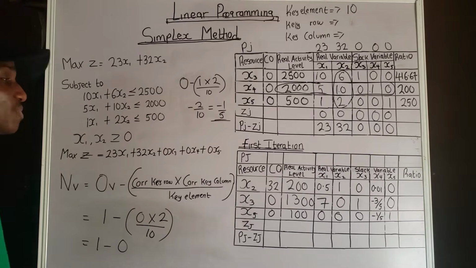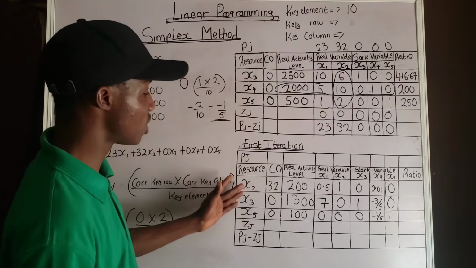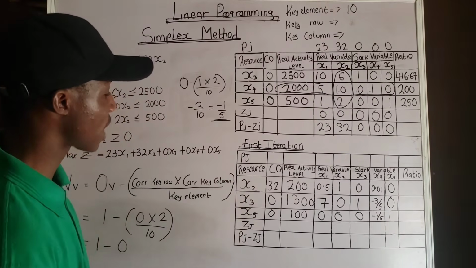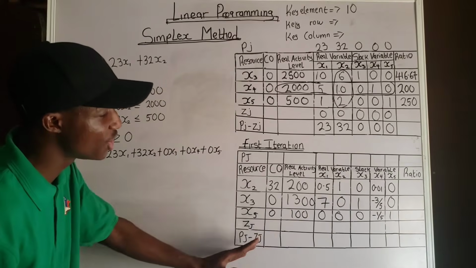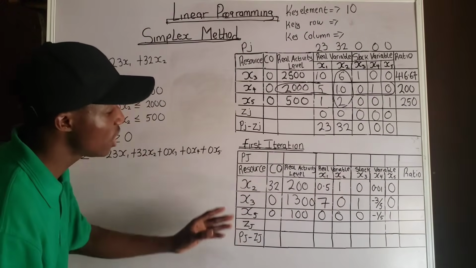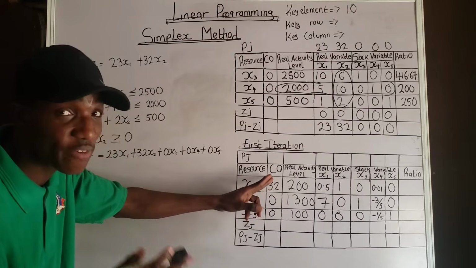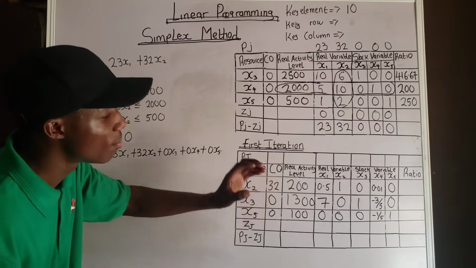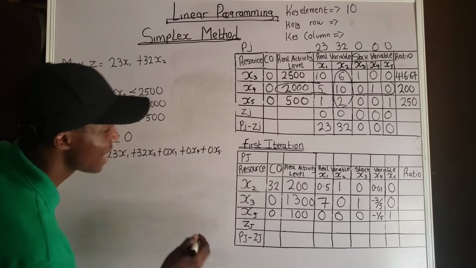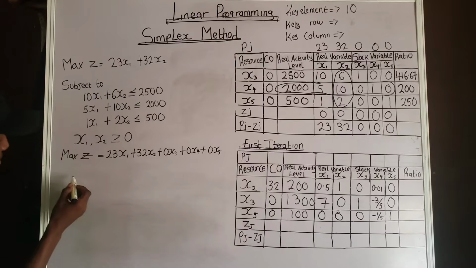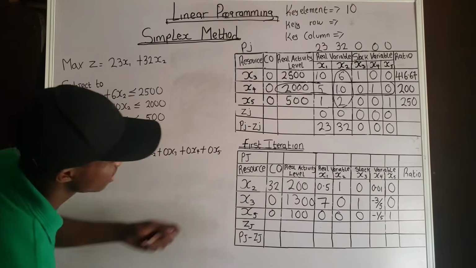Okay, let us proceed. We have gotten the new value of these cells, of this programmed variable. Now the next step is to calculate the value of zj. I told you that to get the value of zj for each variable, we multiply the coefficient of our programmed variable by each variable and then add it together. So to get the zj of x1, zj x1 will be equal to what?